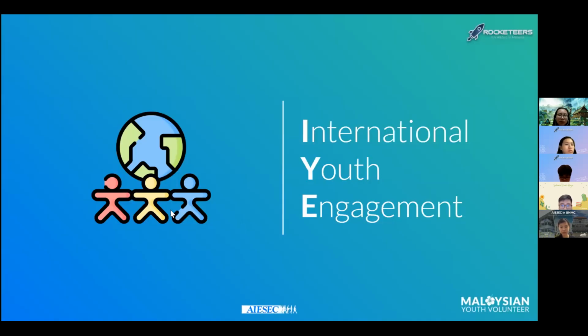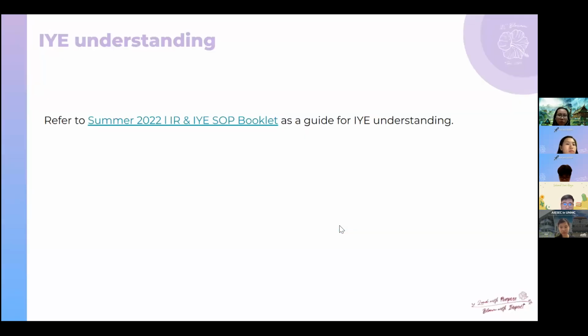And then the second part is about international youth engagement, which is IYE for short. If you are not sure what IYE is or you need more understanding on IYE, you can also refer to this booklet to understand more about this initiative.